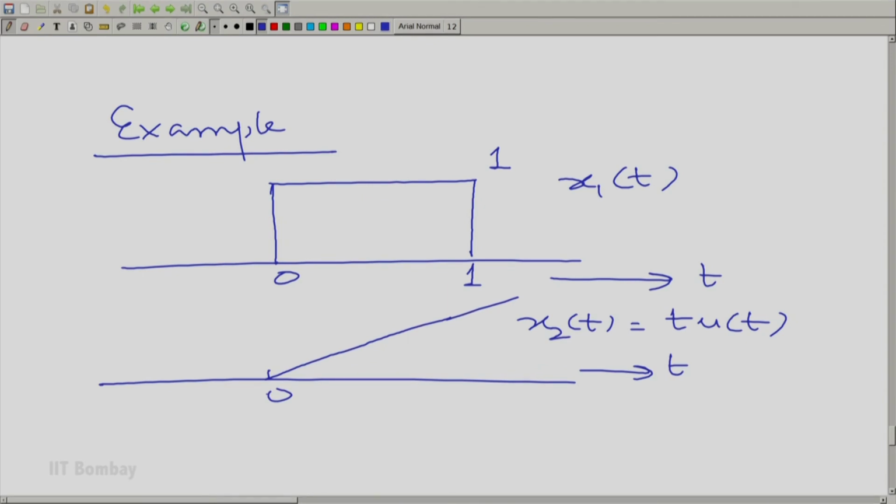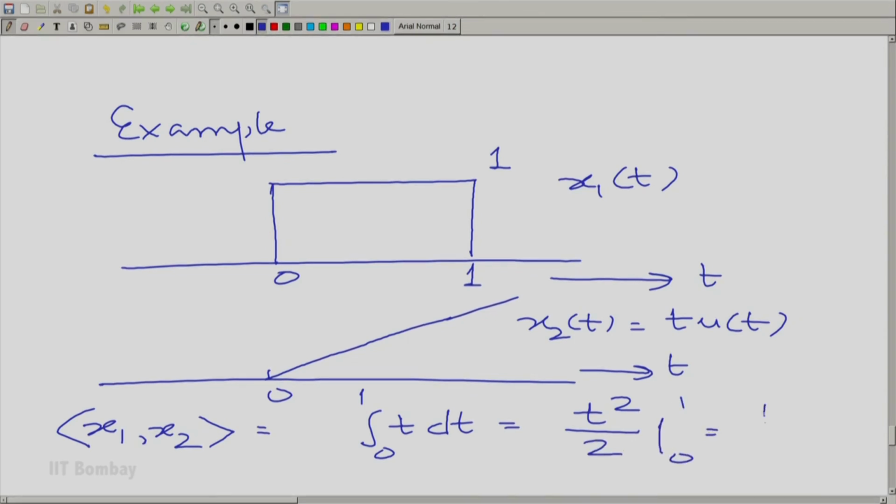And we can calculate the dot product of x1 and x2, which is very easy. It is essentially the integral from 0 to 1 of t dt, and that is an easy integral to calculate, t squared by 2 from 0 to 1, and that is just half. So, this is the dot product of the two signals x1(t) and x2(t).